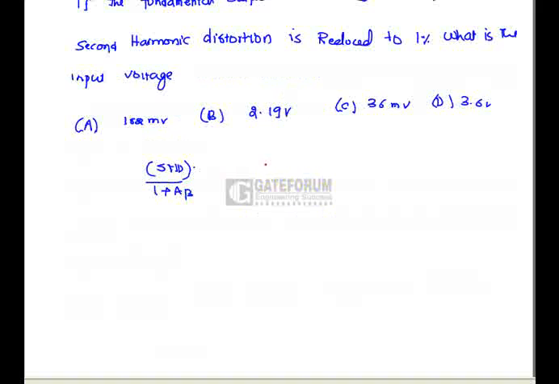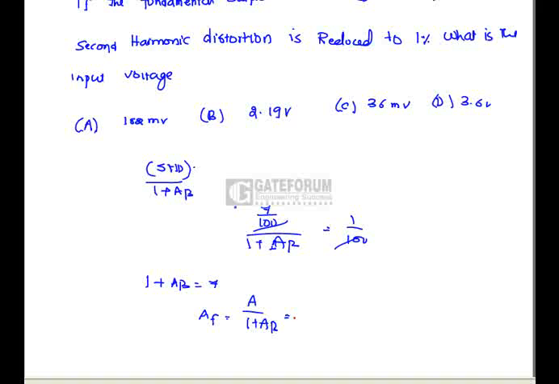Initial second harmonic distortion is 7%, that is 7 by 100, divided by 1 plus A beta, equals 1 by 100 after reduction, meaning 1%. The 100 cancels, so 1 plus A beta equals 7. So AF equals A by 1 plus A beta, which is 1384.6 divided by 7.